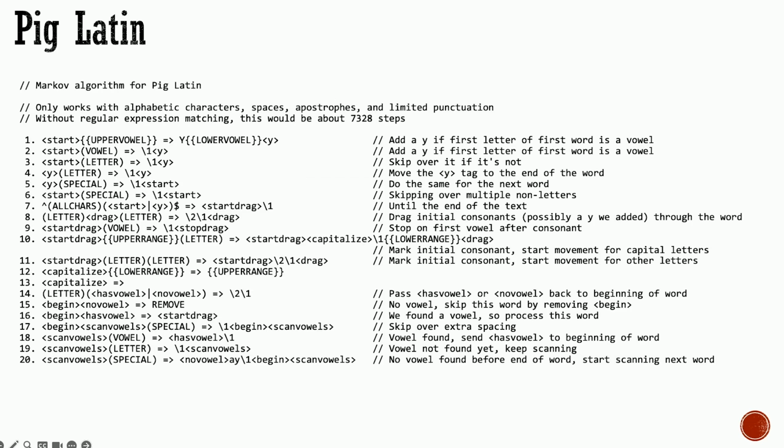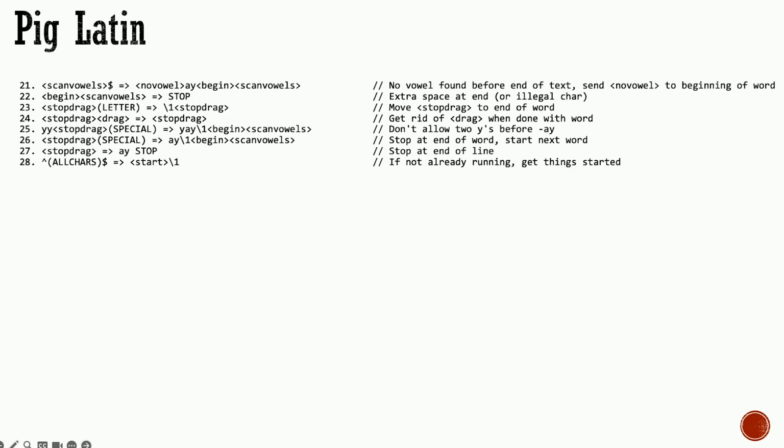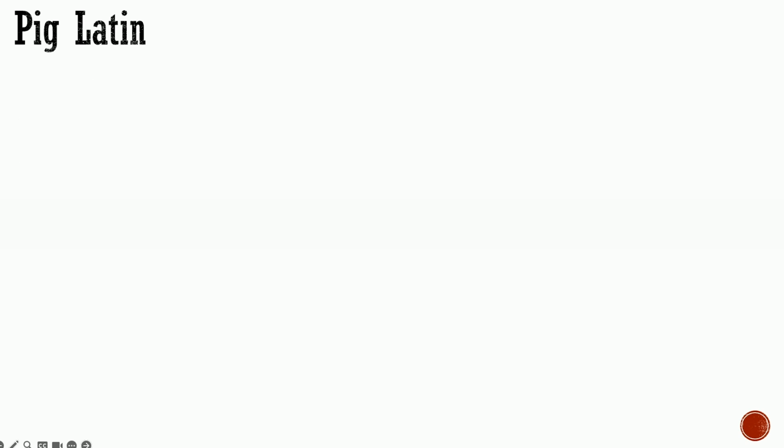Pig Latin is 28 rules, or it would be 7,000, whatever that number is up there, 7,238, I think it says, if we didn't have macros. So letter would be 676 rules, or it's 1 rule with a macro with 2 letters. So there's the whole Pig Latin, and you can see Pig Latin running.